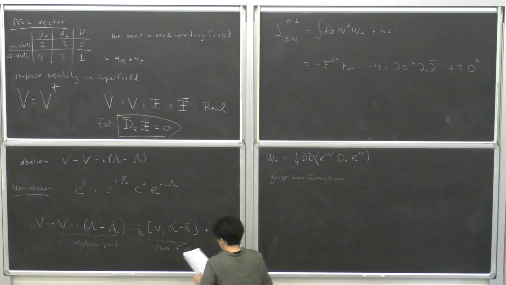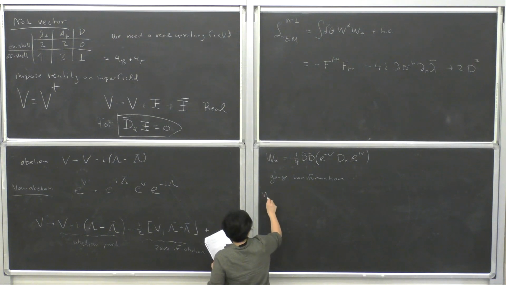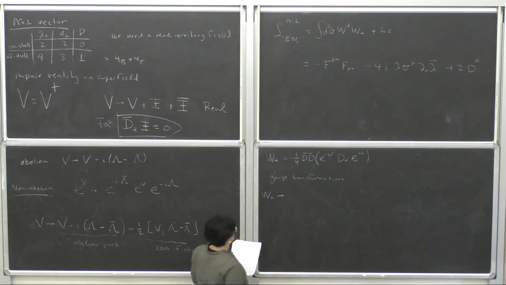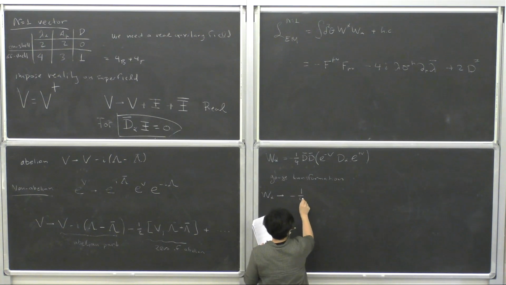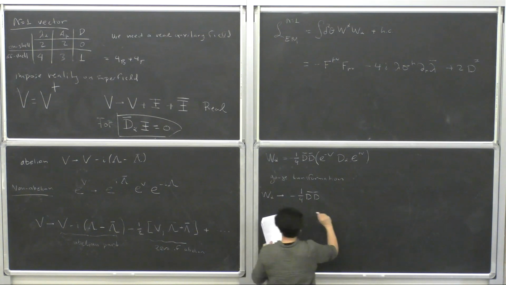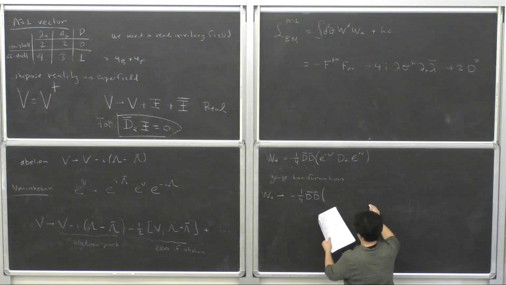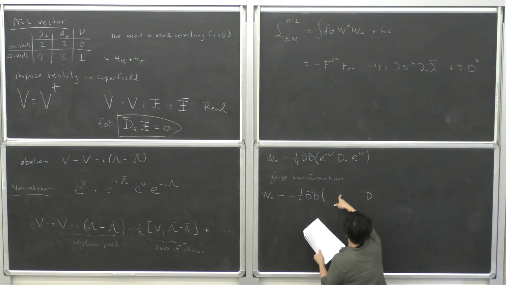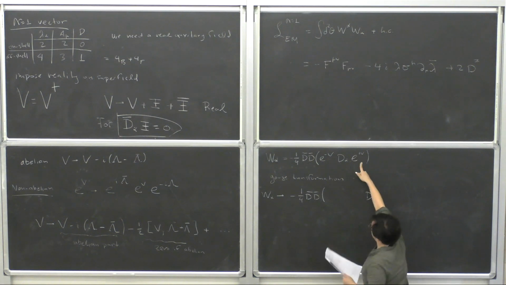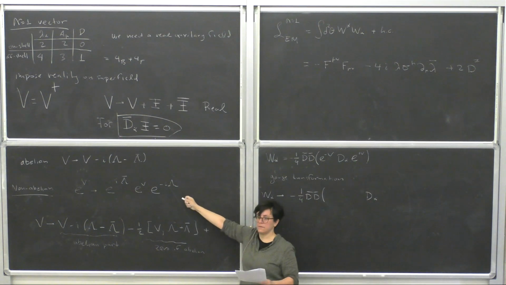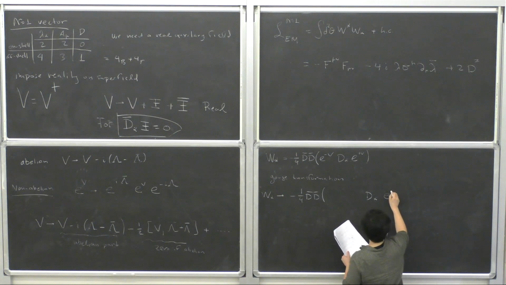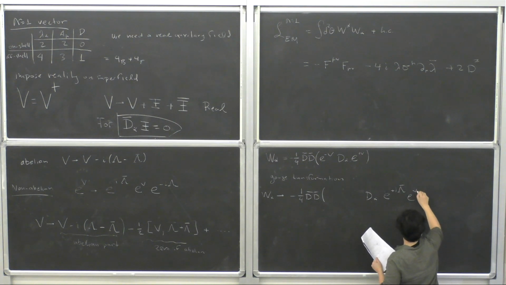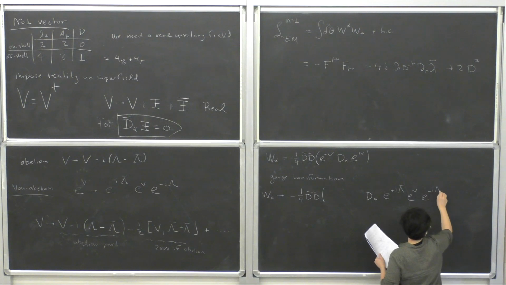So W alpha is going to go to, okay, first of all, I just copy the factors. As long as there is patience, I will just be nice and copying the factors. In one second, I will write what goes here. Here, I just copy from here. So first there is plus i lambda bar, e to the V, e to the minus i lambda.